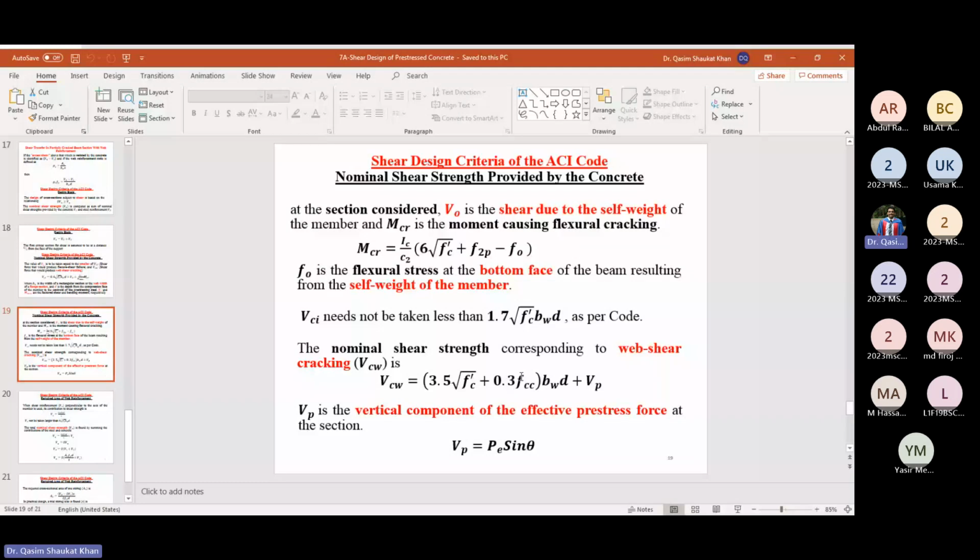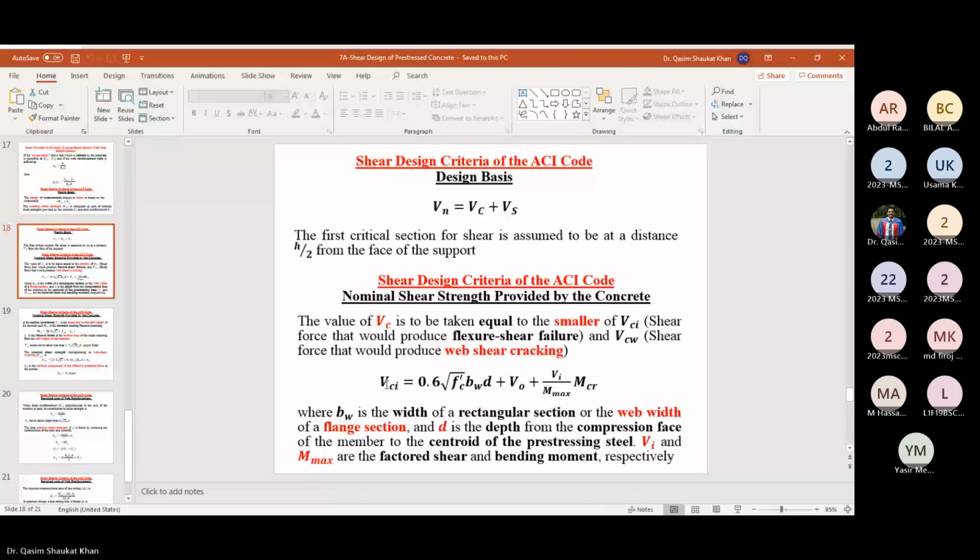VP is the vertical component of the effective pre-stress force, which is the effective pre-stress force times sine theta. D is the effective depth. BW is the width of the web. FCC is the confined concrete strength. FC prime is the design strength, and VCW is the nominal shear strength corresponding to the web shear cracking.